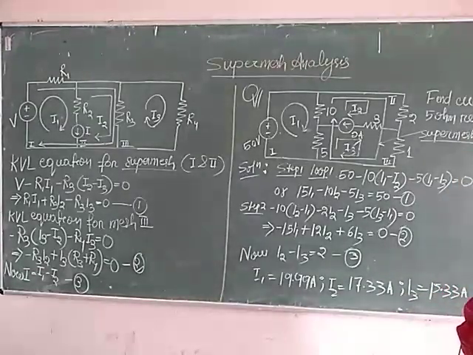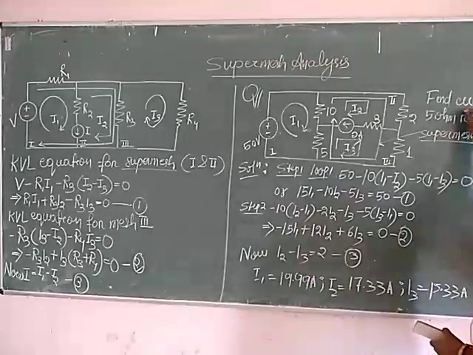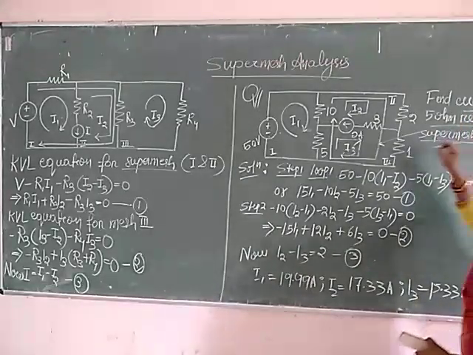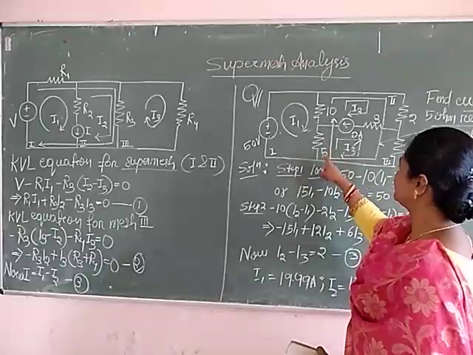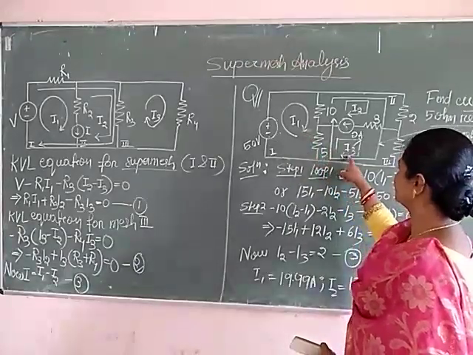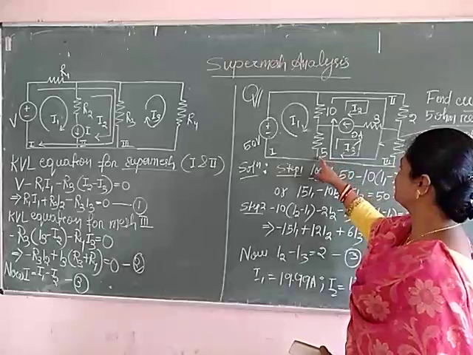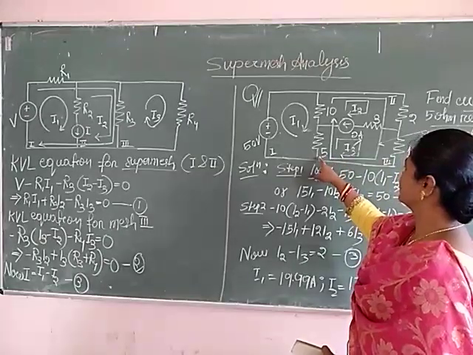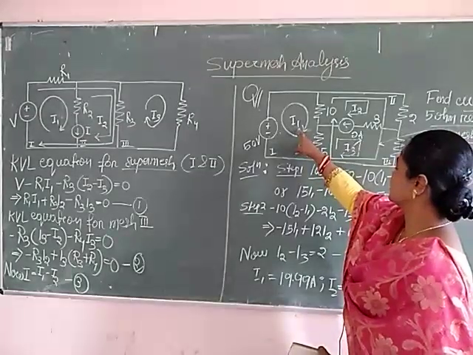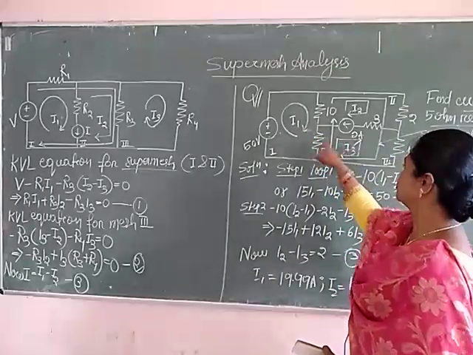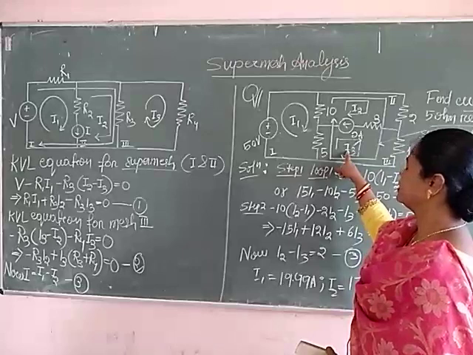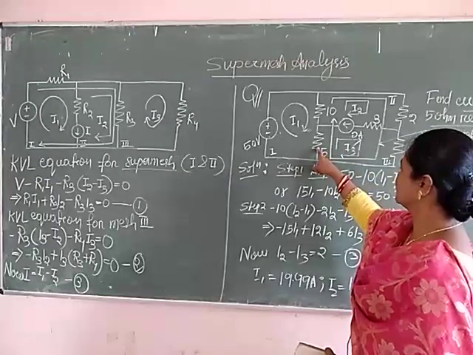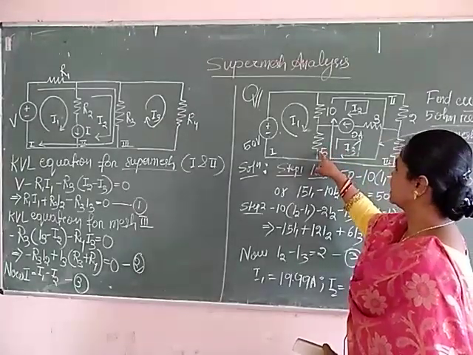Our question is to find the current flowing through the 5 ohm resistor. In the 5 ohm resistor, I1 and I3 both flow. So what is the current flowing through 5 ohm? There is addition or subtraction of these two currents. If these two current directions are the same, then the resulting current is the addition of both.